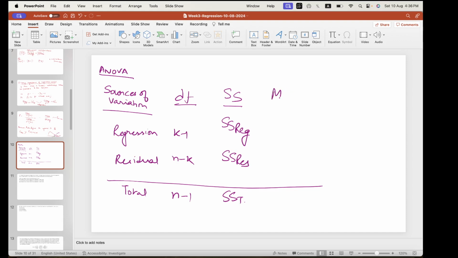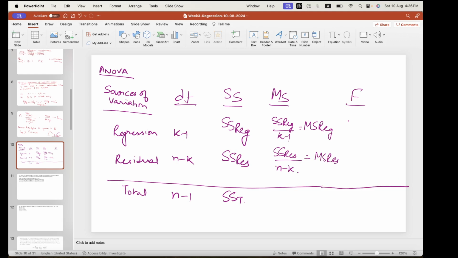And then we would have MS, that would be SS regression by k minus 1, and this would be SS residuals by n minus k. Okay, so this would be MS regression and this would be MS residuals. So the next column that we obtain, F, is actually the statistic which tests for significance of the regression line or regression equation.